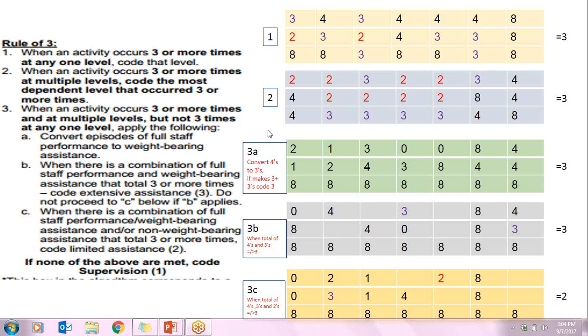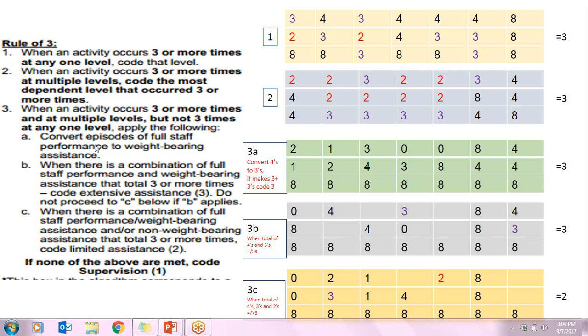Where we start to have some difficulty is where we now have to interpret and go through a series of steps to determine how we should code something. So rule number 3 has 3 parts, 3A, 3B, and 3C. This is only looked at when an activity occurs 3 or more times at multiple levels, but not 3 times at any one level. So you would start to apply this when that occurs.